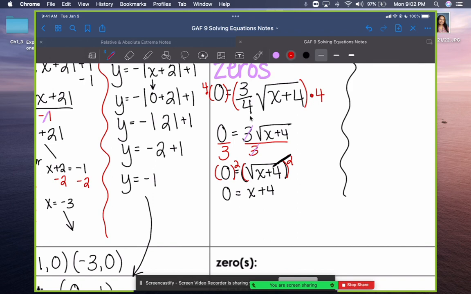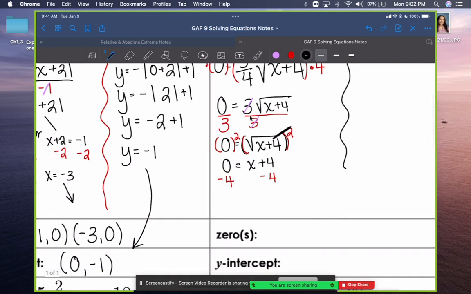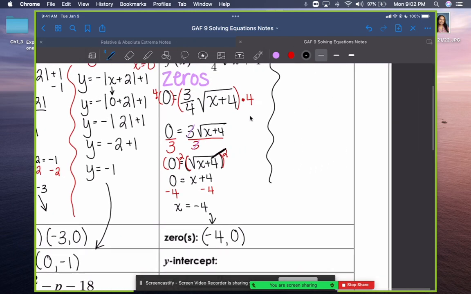Okay, I'm going to go ahead and subtract 4 from both sides, and I'm left with x equals -4. I can also write this as -4 comma 0. Right, not too bad for our square root function.